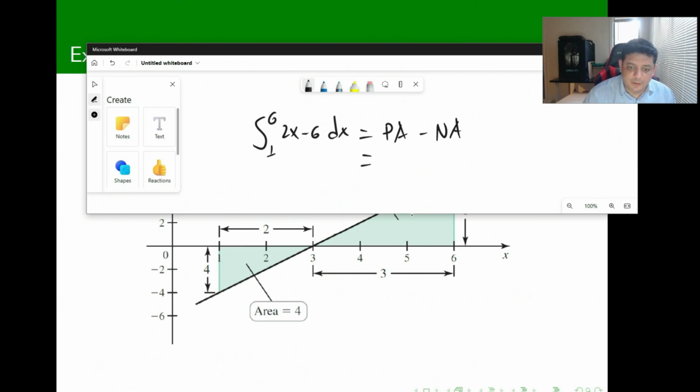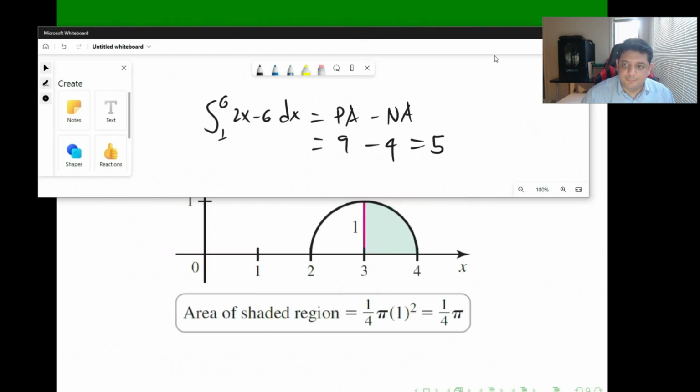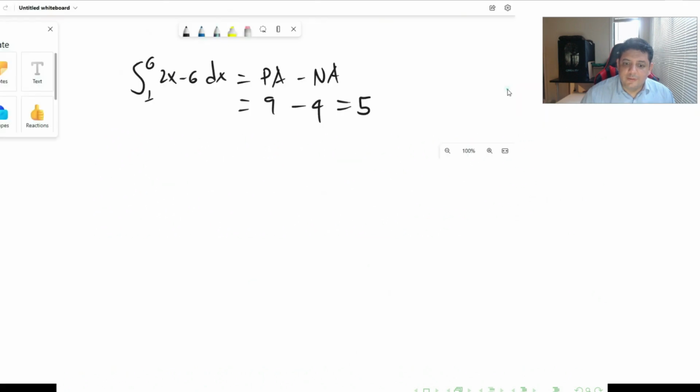We had that it was 9 and the negative area 4, so this is a 5, and this is pretty much what we can get from this. Okay, one example more.